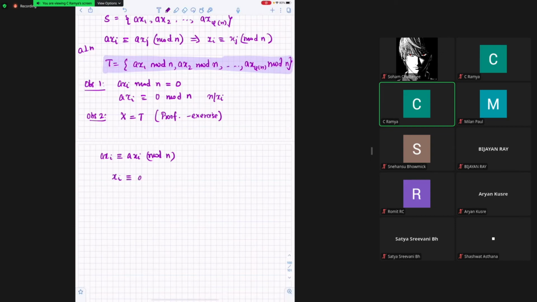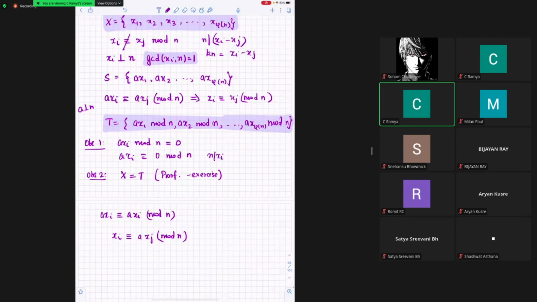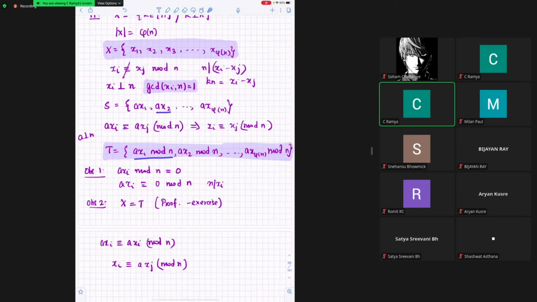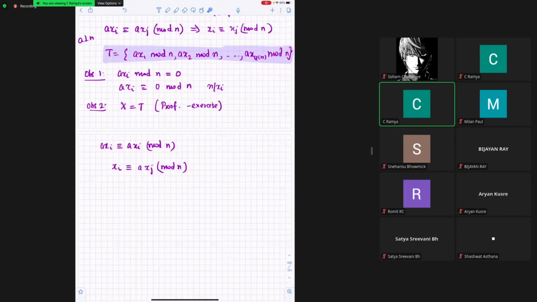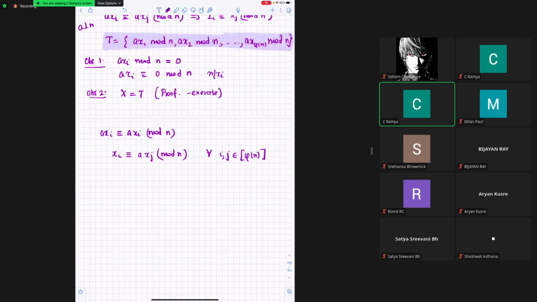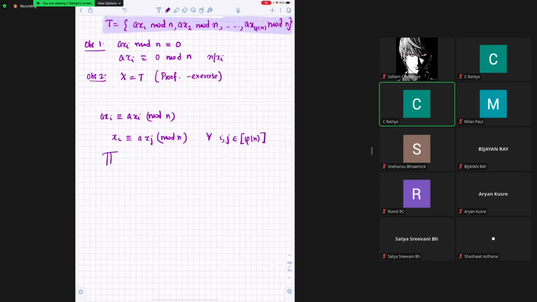Xi is congruent to AXj mod N. I cannot say exactly Xi to Xi, because that depends on the way I have written it; I could have written it in a different way. Everything I can say is that for every Xi, there is an AXj mod N to which it is congruent, for all i, j from 1 to phi of N. That's why I did not write Xi is congruent to AXi, because the ordering could be different. So I can take the product of both sets, because we can multiply across the congruence.